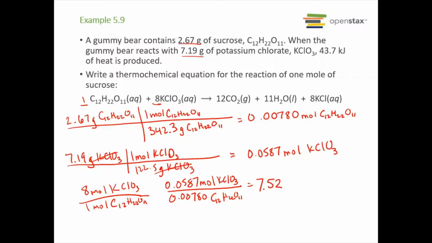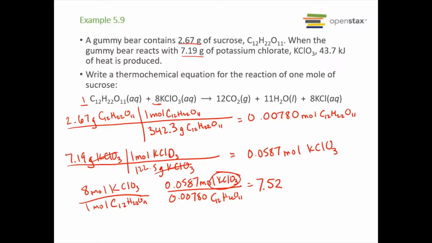So I don't have enough of the potassium chlorate. I don't have a full 8 moles. I don't have 8 times the amount of chlorate to sucrose. So potassium chlorate is my limiting reactant.